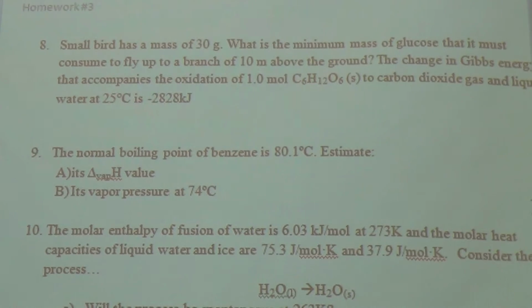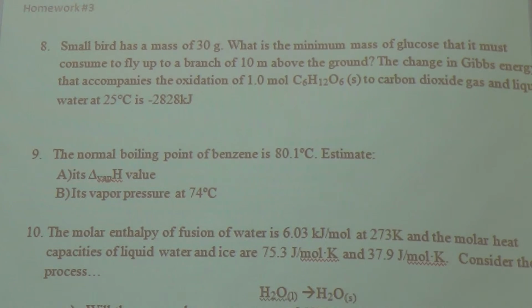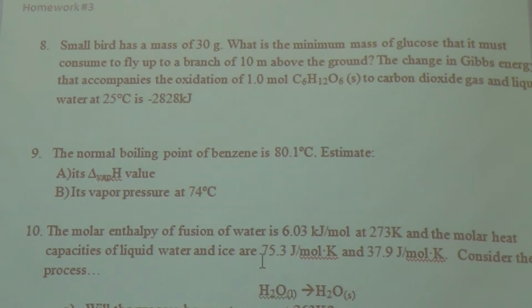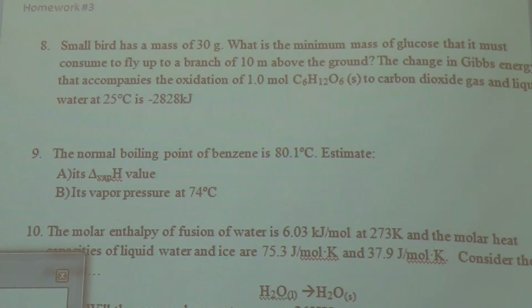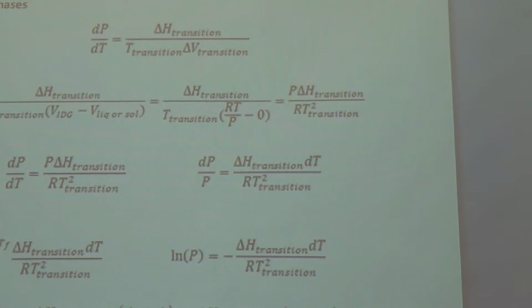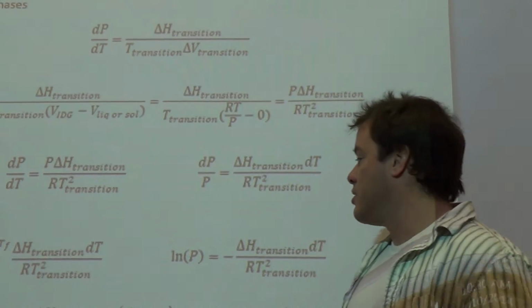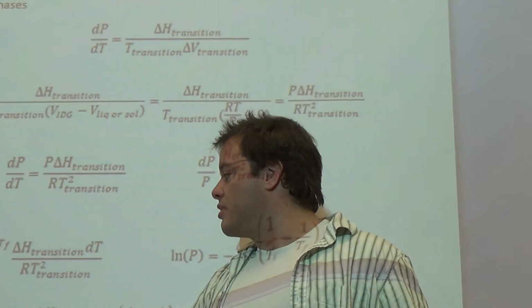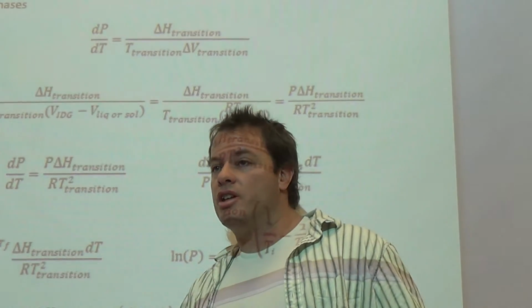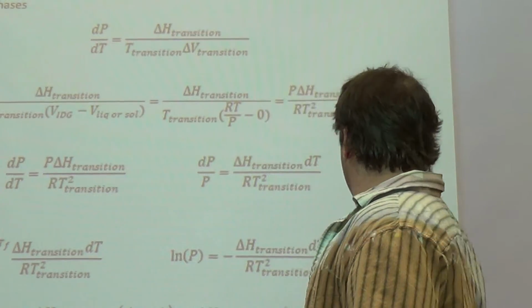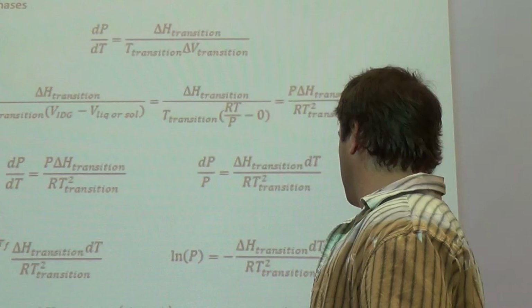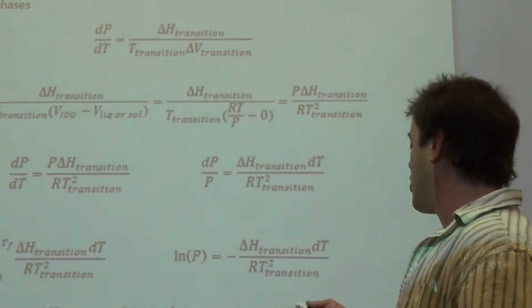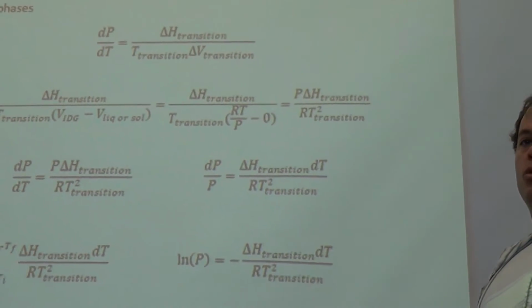That allows you to move back to this equation, and say that the natural log of the final vapor pressure over the initial vapor pressure is going to be delta H transition over R times 1 over T initial minus 1 over T final.